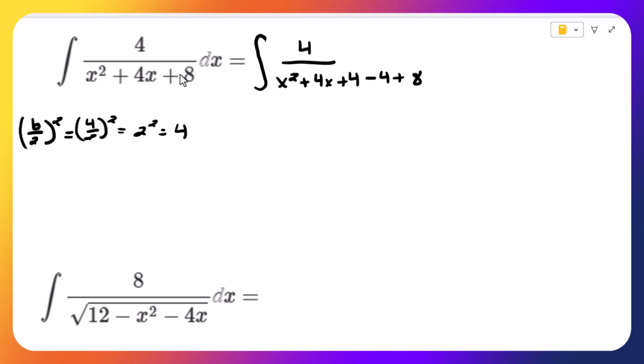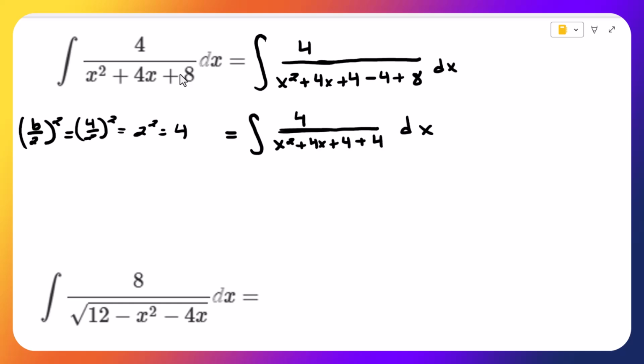This is going to be 4 over x squared plus 4x plus 4 plus 4 again, dx. I should draw my little bar out a little bit longer.